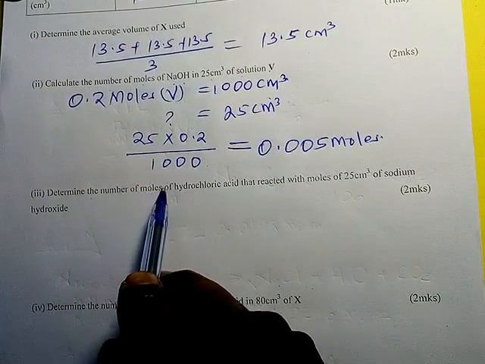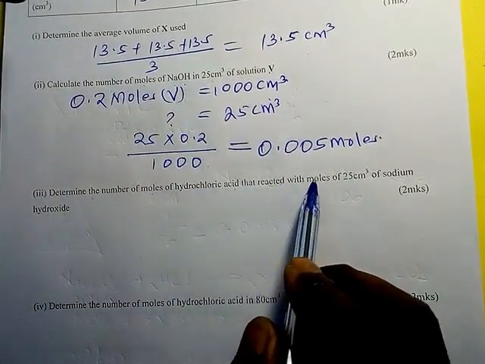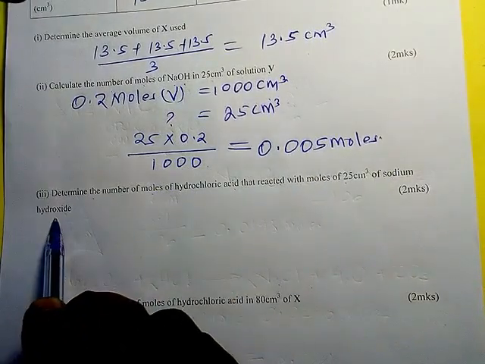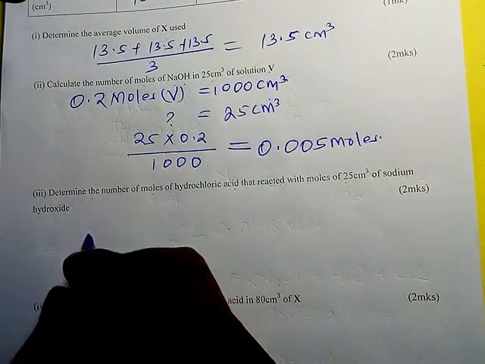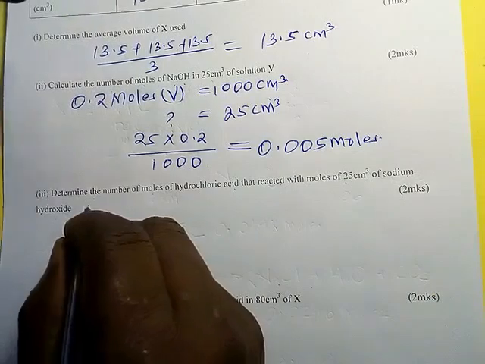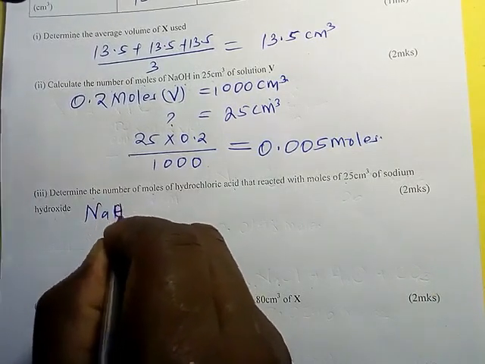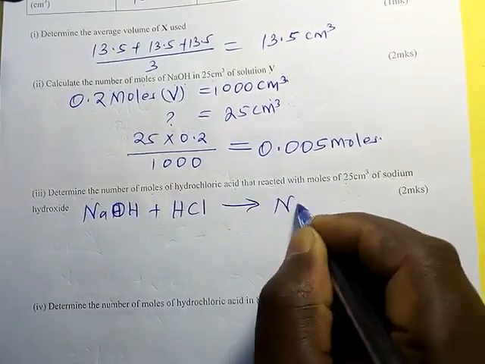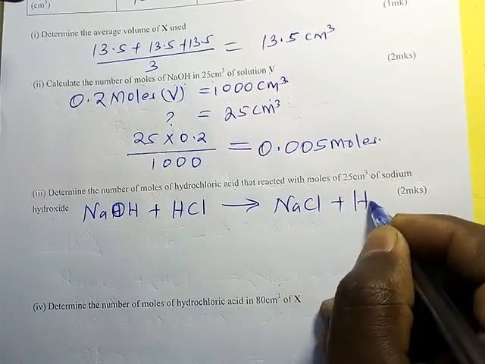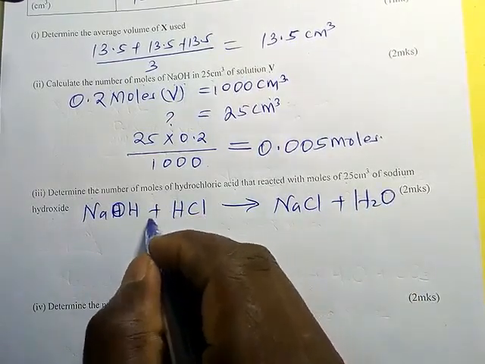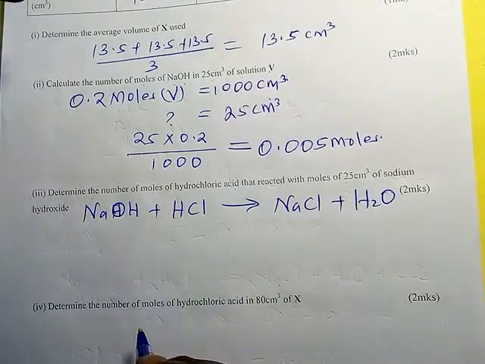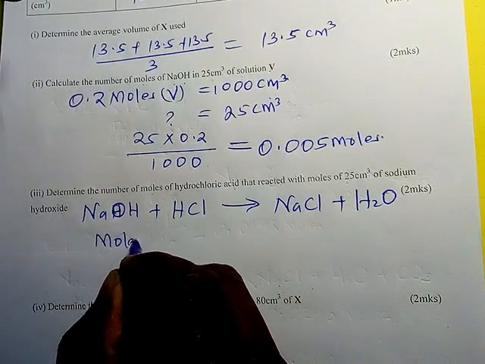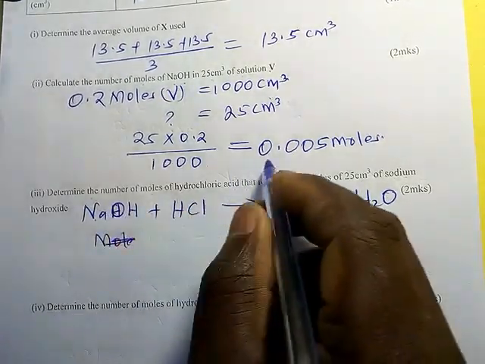Determine the number of moles of hydrochloric acid that reacted with the moles of 25 cm³ of sodium hydroxide. We know that sodium hydroxide is reacting with HCl, giving us sodium chloride plus water. And in this equation, we see that the ratio is 1 to 1 because the equation is already balanced. We know the number of moles of sodium hydroxide here.